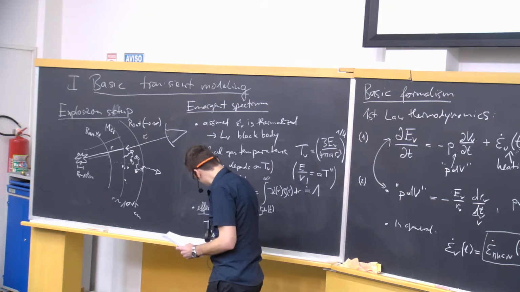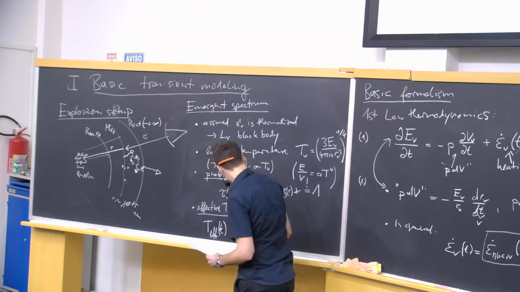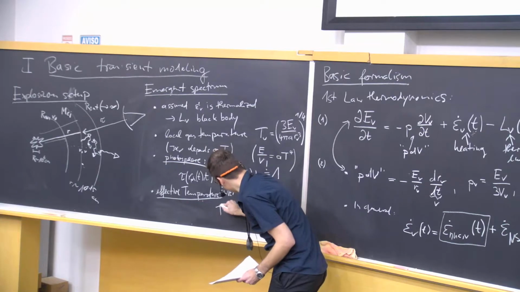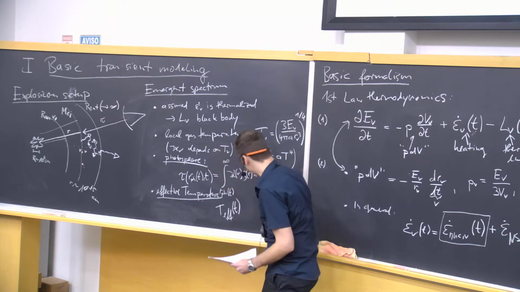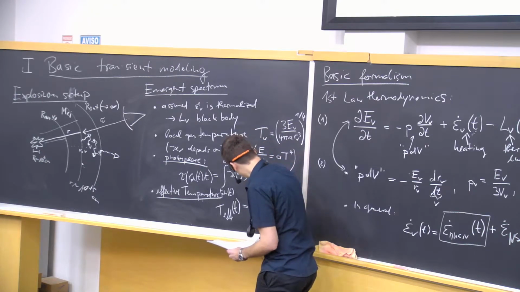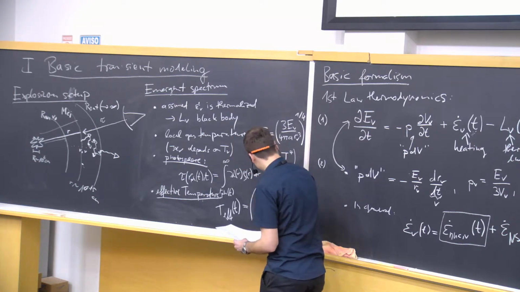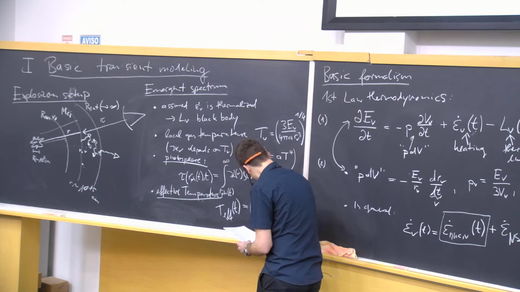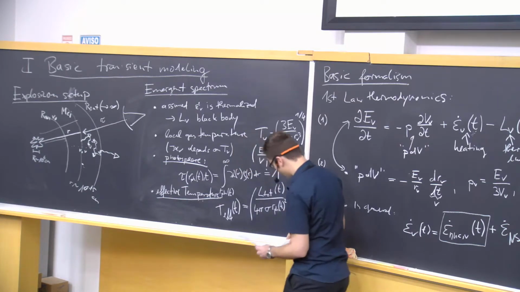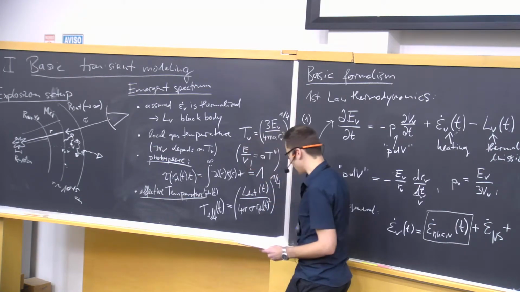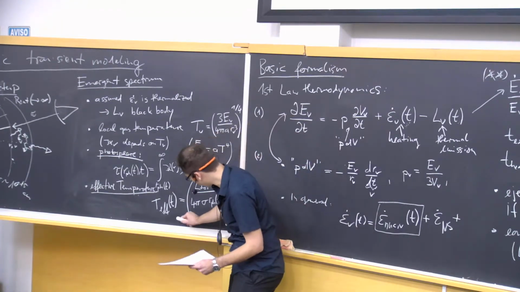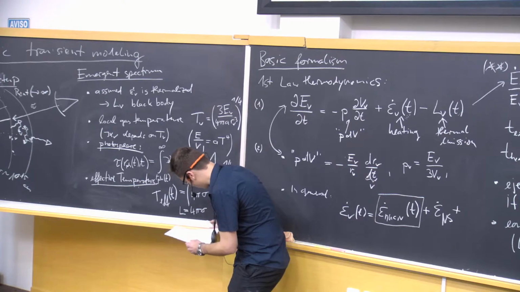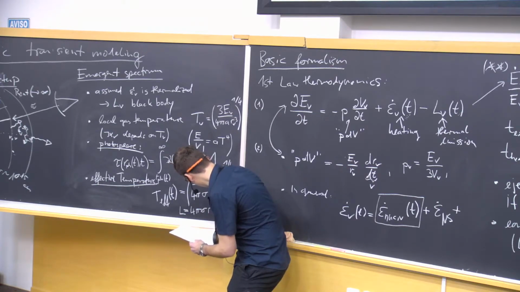The effective temperature as a function of time t that we assign to the transient at a given time is given by the total luminosity that emerges from the ejecta divided by 4 pi sigma and the photospheric radius squared, all to the power of 1/4. You recognize this as the Stefan-Boltzmann law, where the luminosity, if you integrate over a black body, is given by 4 pi sigma r squared and then T to the 4.